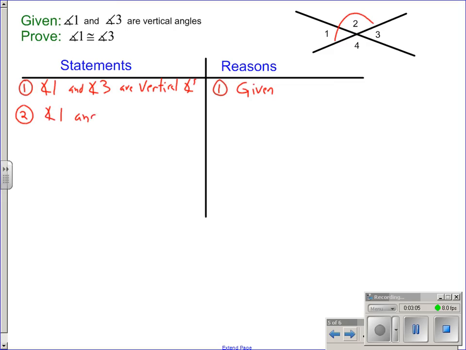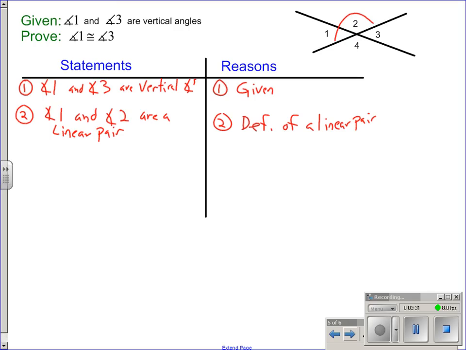Angle 1 and angle 2 are a linear pair. They're adjacent angles, you put them together, and they form a line. The reason is just the definition of a linear pair.